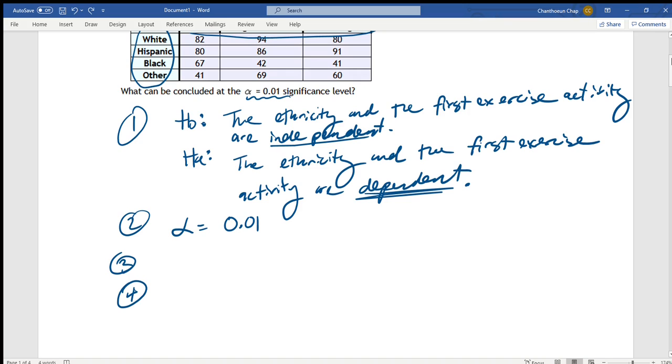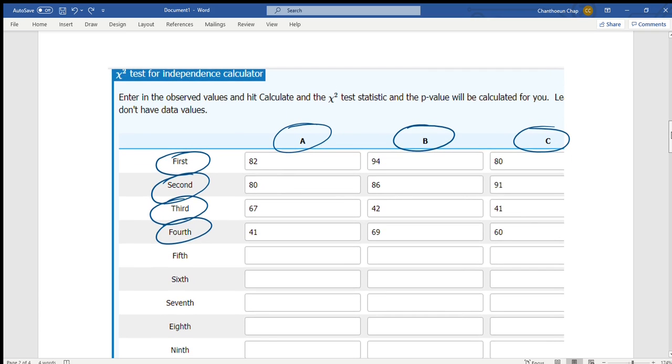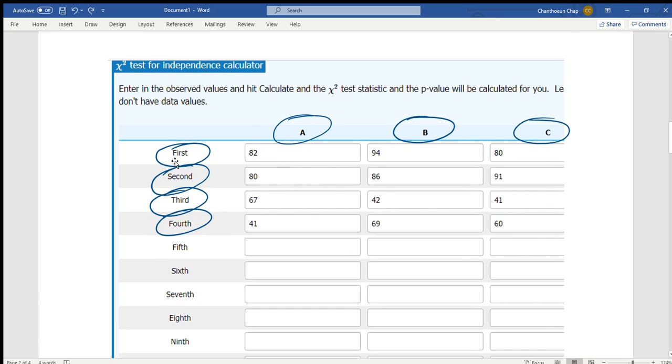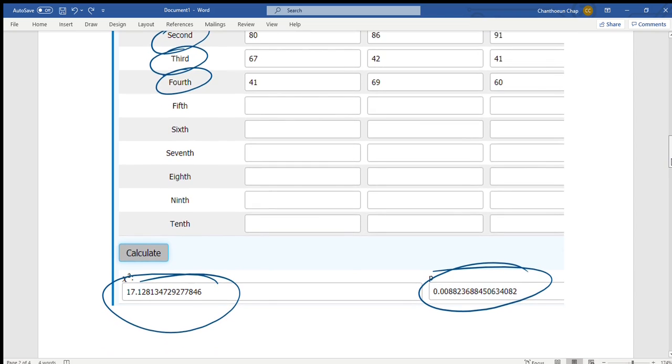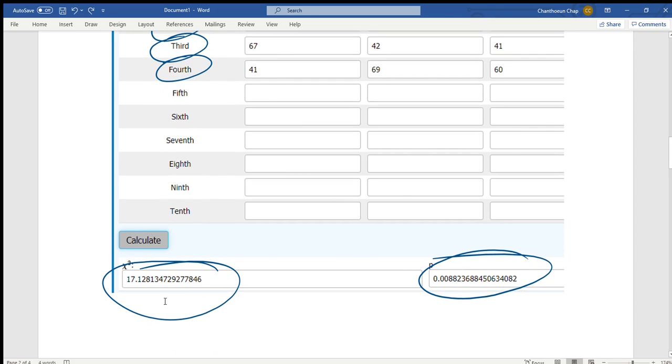In step 3 and 4, we'll go to our calculator for the chi-square test for independence. You have to enter the values into the table. The first, second, third, and fourth are the ethnicities, and A, B, and C, those are the types of activities. If we click calculate, we should get a chi-squared statistic of 17.128 and a p-value of 0.0088.